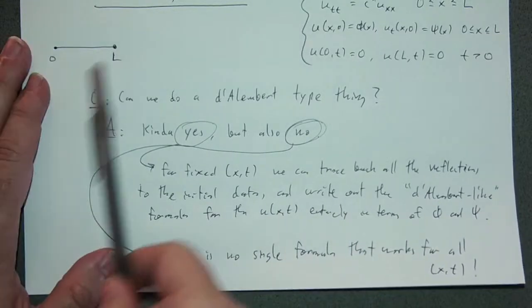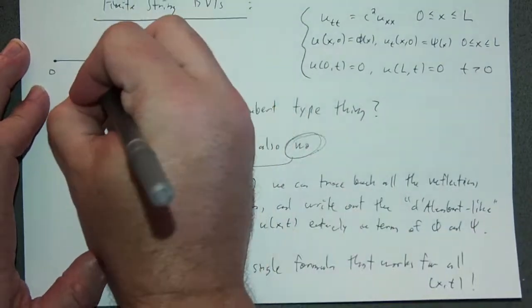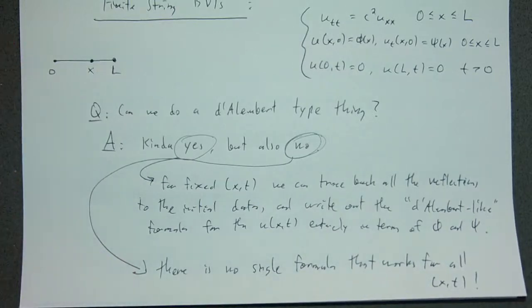If I give you any x here, fixed between 0 and L, then as t increases, the number of reflections increases. And so the amount of tracing back I'm going to have to do is different for various t. So there's no single formula I can write down that works for all these things.